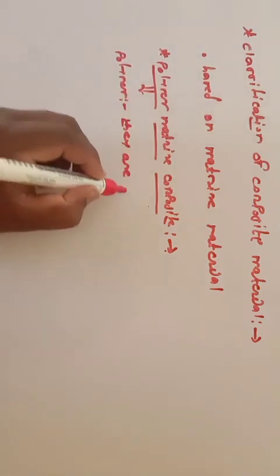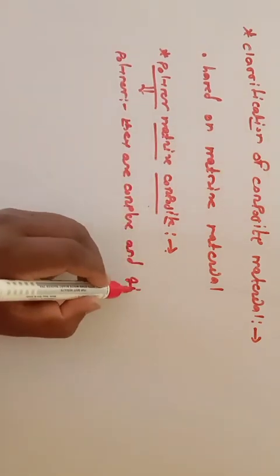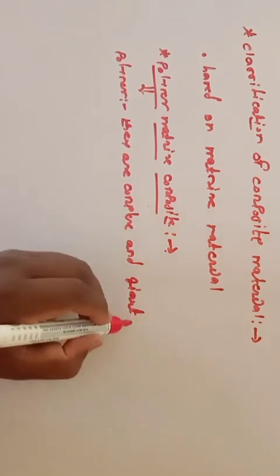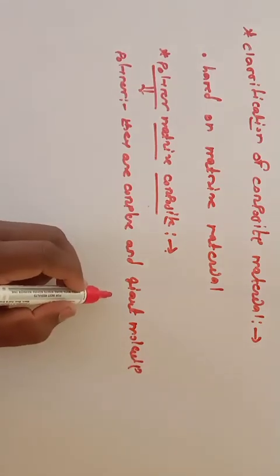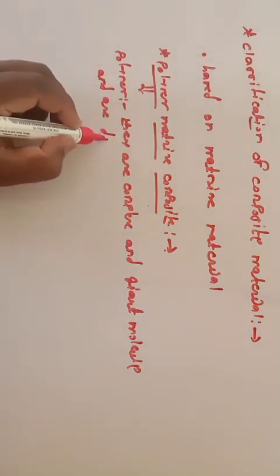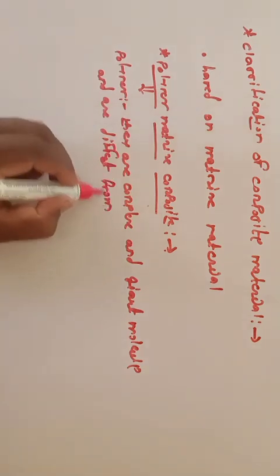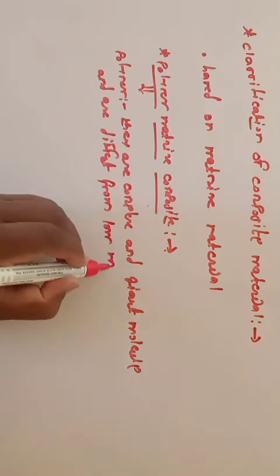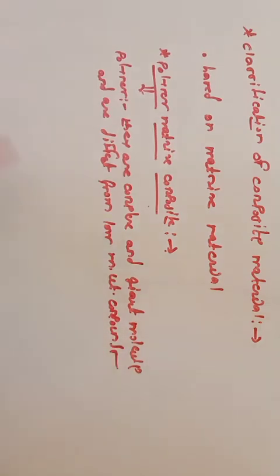They are complex and giant molecules, and are different from low molecular weight compounds. So we are very much familiar with these polymers. They are complex and giant molecules having high molecular weight.